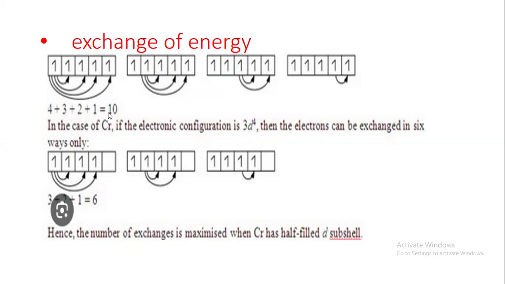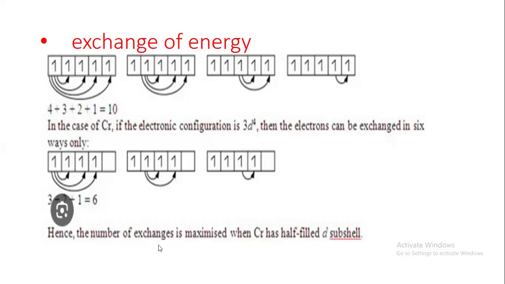So 10 times in the case of chromium, the electronic configuration is 3d4. Then the electrons can be exchanged in 6 ways: 1, 2, 3, 1, 2, and 1, total 6.